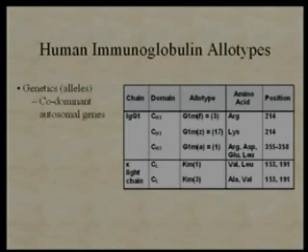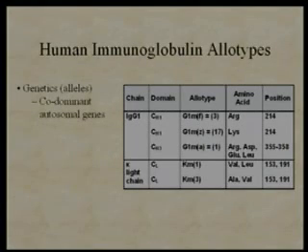Now, the genetics of these allotypes, like the KM allotypes and the G1M allotypes like 3 and 17, and KM1 and KM3, they represent alternate amino acids at the same positions in the chain. Those types of allotypes are inherited as codominant autosomal genes, so neither one is dominant over the other.